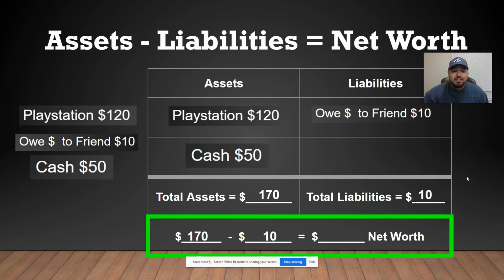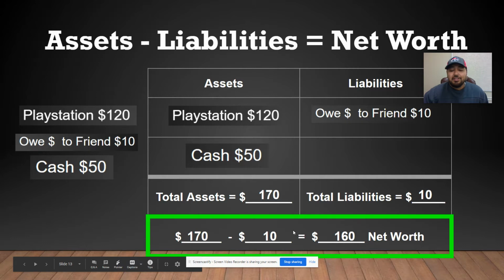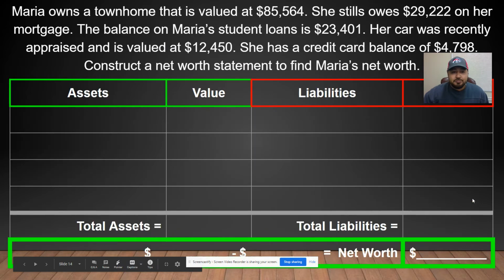So we're going to take total assets minus total liabilities, the numbers that we got here, and whatever we're left with is what their net worth is, which is $160. That is a positive net worth because their assets are greater than their liabilities.